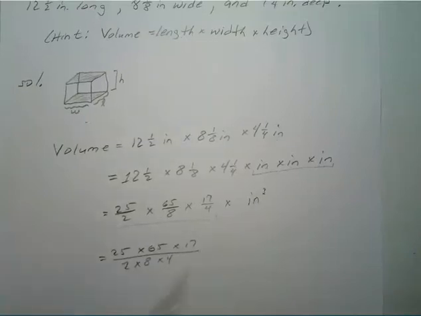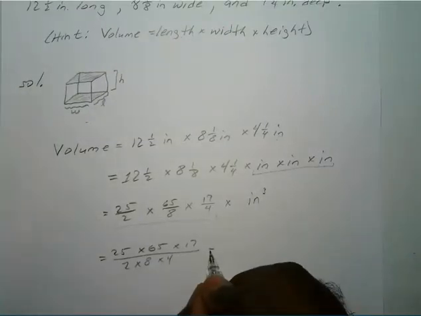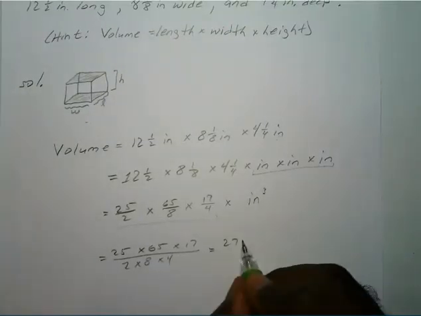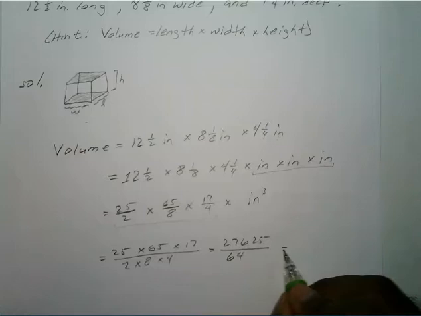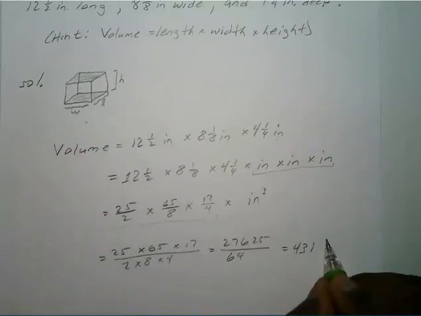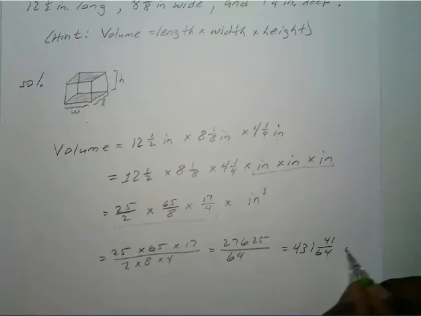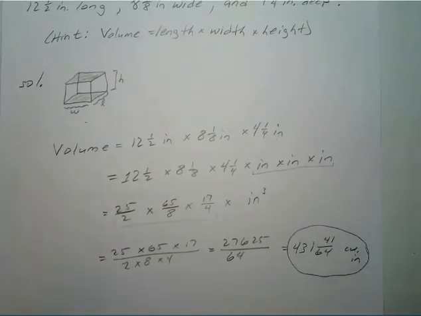So you just have to multiply this. So you end up with 27,625 over 64, which is equal to 431 and 41/64 cubic inches. Just a note that inches cubed is the same as saying cubic inches.